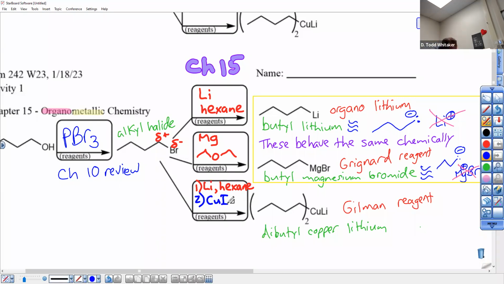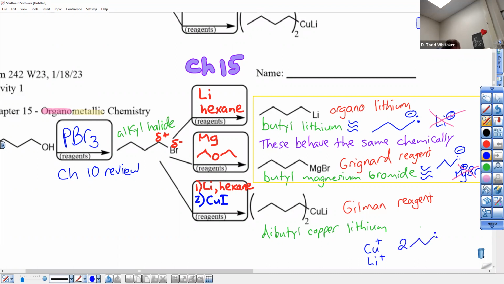And I do want to point out down here that it is copper +1 and it's lithium plus, right? And it's two of these.